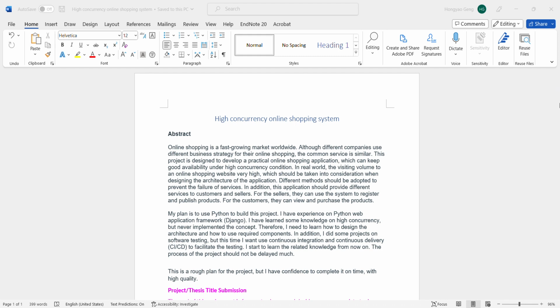For the customer part, the profile can be seen, the orders can be seen, and order detail.